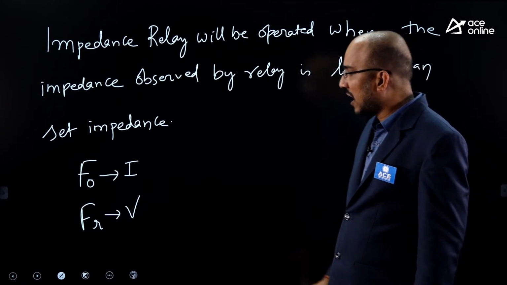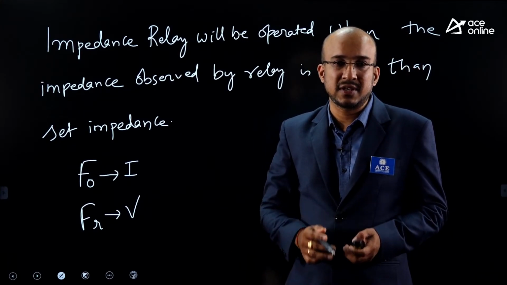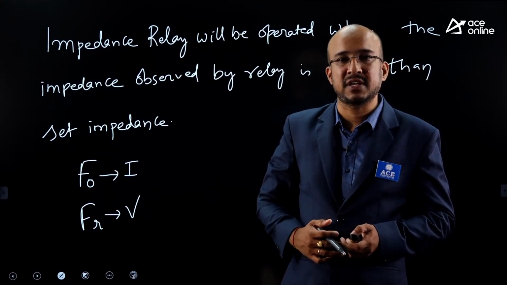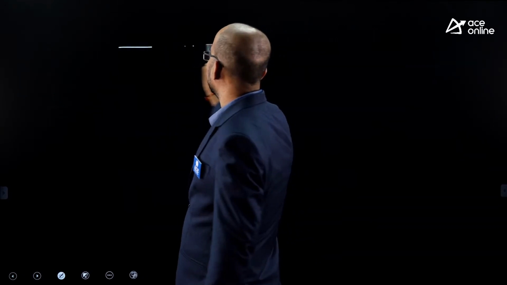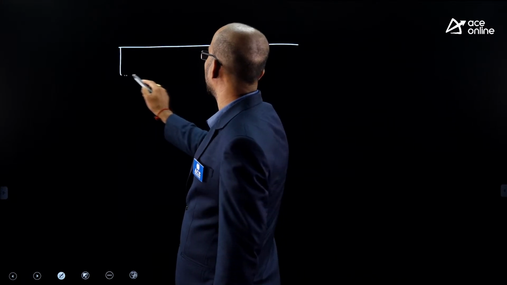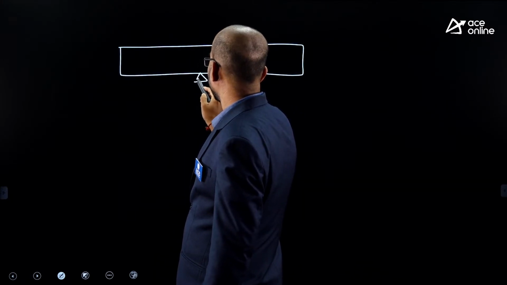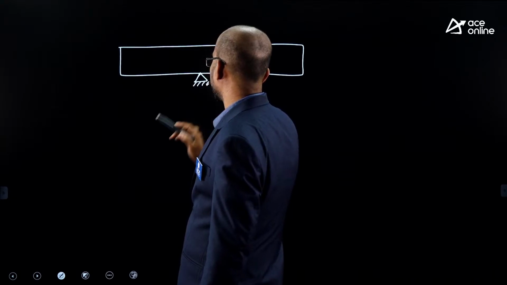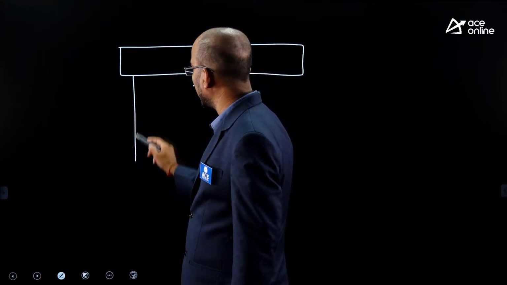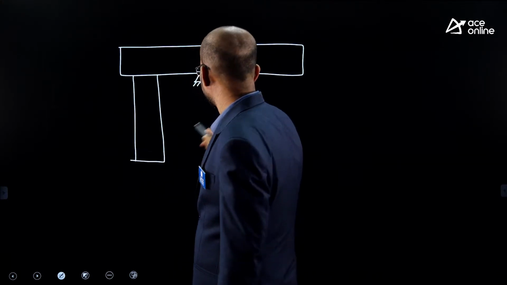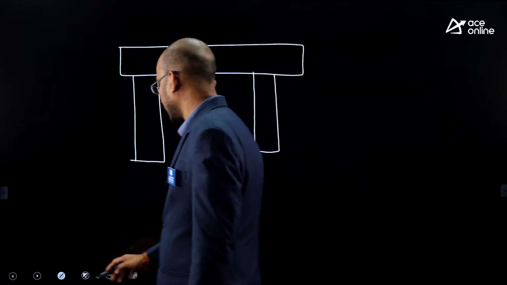So how can we develop this impedance relay? We can use a balanced beam type structure. Here this is the balanced beam. In olden days we used a taras, the same structure here. One side we will develop the operating force, on the other side the restraining force.